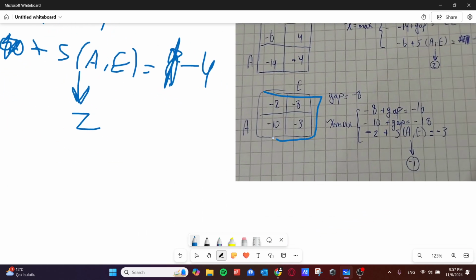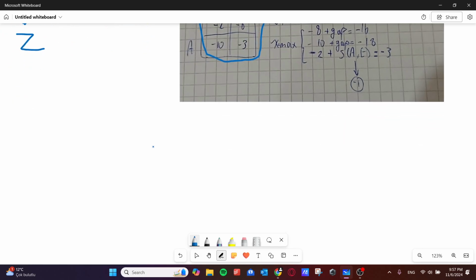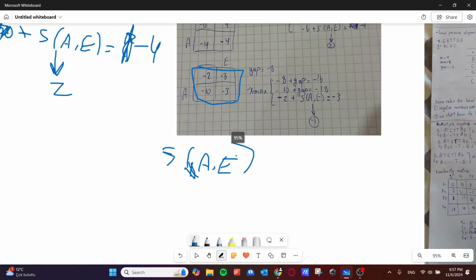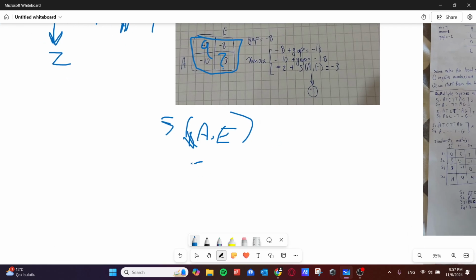So let's take this again. Let's say he said, what is the alignment of AE? As you can remember, this is A, this is question mark. So A plus the alignment of AE equals question mark.